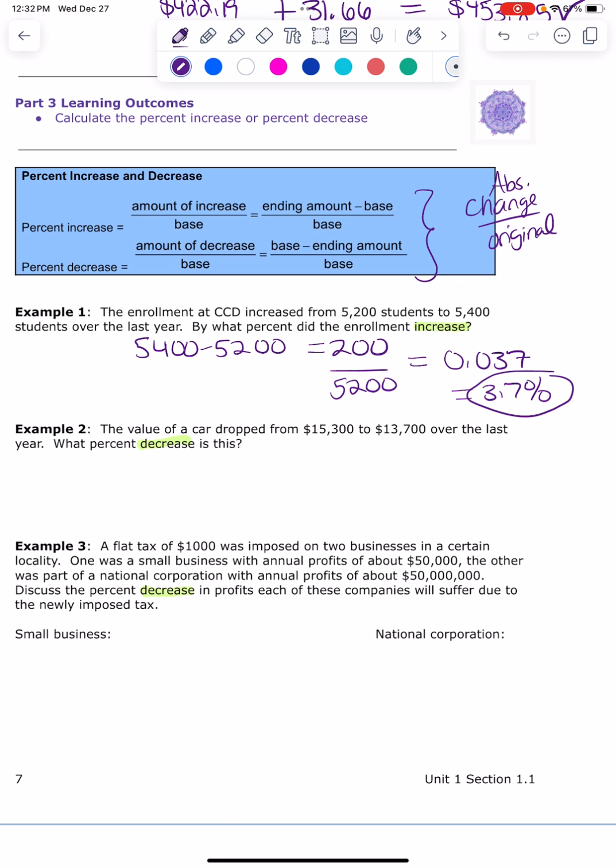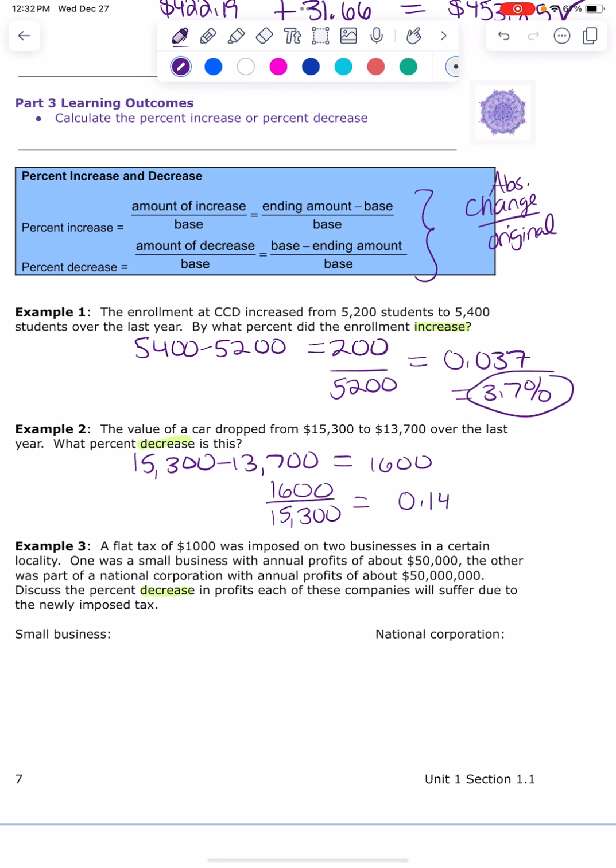A value of a car dropped from 15,300 to 13,700 over the last year. What percent did it decrease? Again, it's a percent decrease problem because it went down. It wouldn't make sense to ask what the percent increase is. So 15,300 minus 13,700 is 1,600. I take that and divide by the original. It started at 15,300.